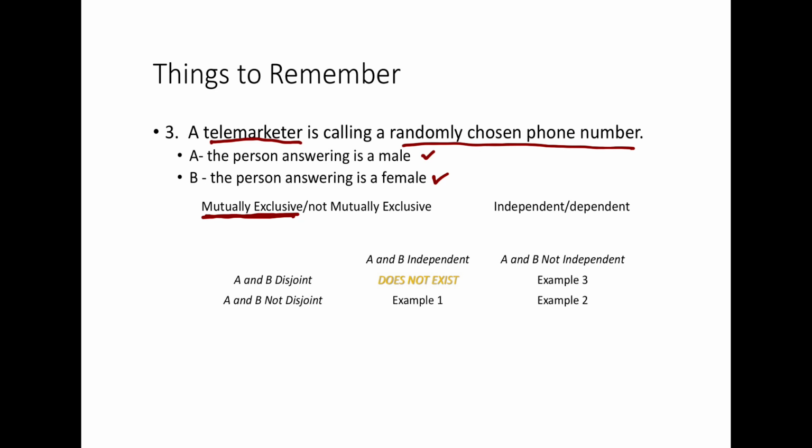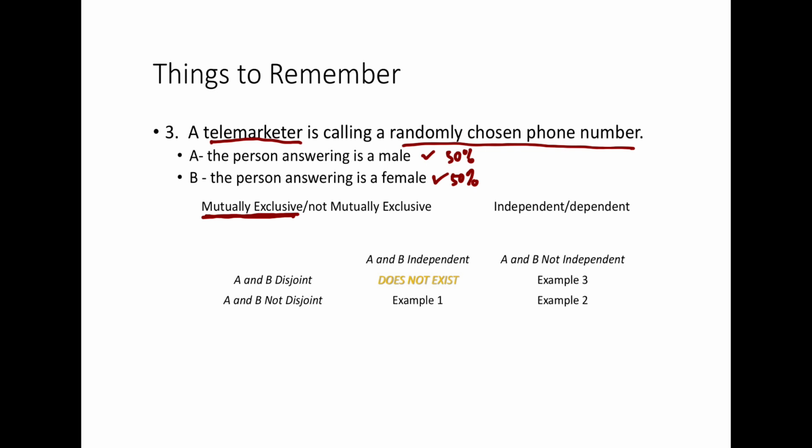And then the question is, are they independent or are they dependent? If event A occurs, does that change the probability for event B? At the beginning, we would say there's a 50% chance that the person would be male, 50% chance that the person would be female. So if event A occurs on this one phone dialing, if the person answering is male, does that change the probability that it would be a female?